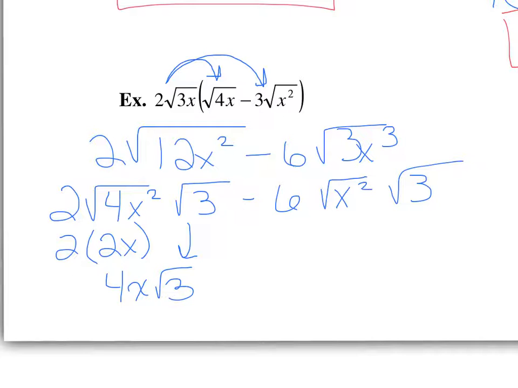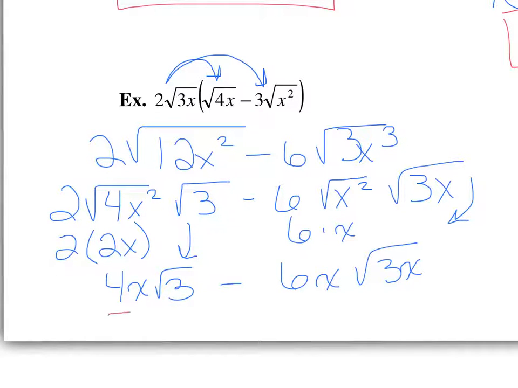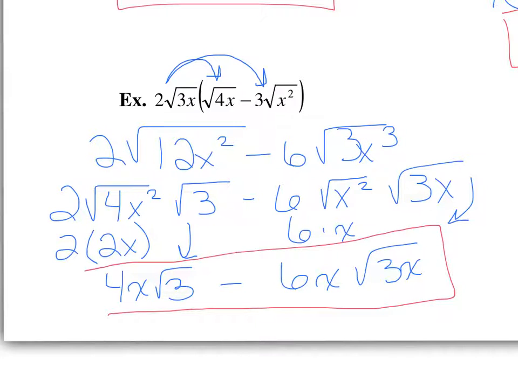The x cubed could be x squared times x. So this turns into 6 times x, or 6x, times the square root of 3x, because the not perfects come straight down. And unfortunately, it looked like they might have been like radicals, but they aren't, because this one doesn't have the x on it that this one does.